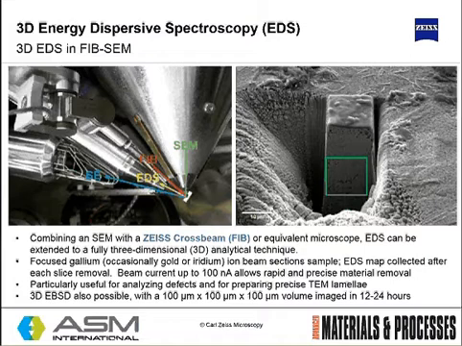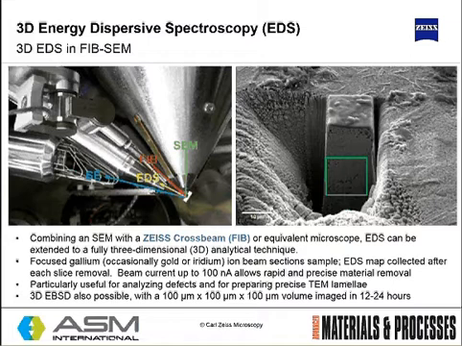As I said, it's particularly useful for analysing defects, but particularly for preparing precise TEM lamellae in very high definition. 3D EBSD is also possible, which I'll speak of shortly. To give you an idea, roughly a 24-hour period is able to image in 3D roughly a 100 micron cube.